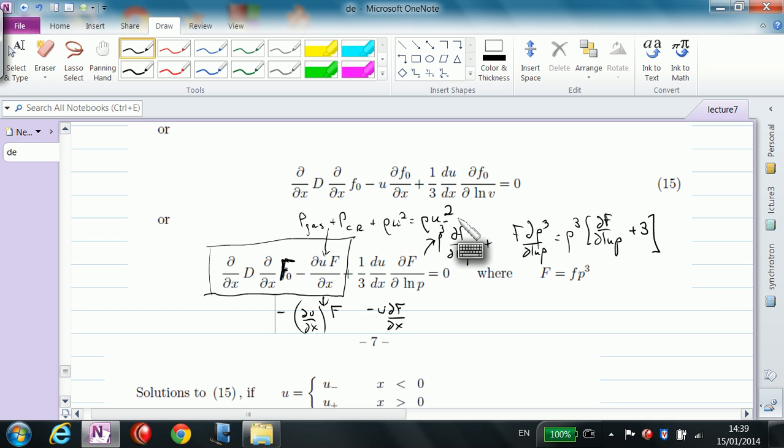And here, what I mean by u minus is rho of u minus infinity squared. It's also rho of minus infinity.